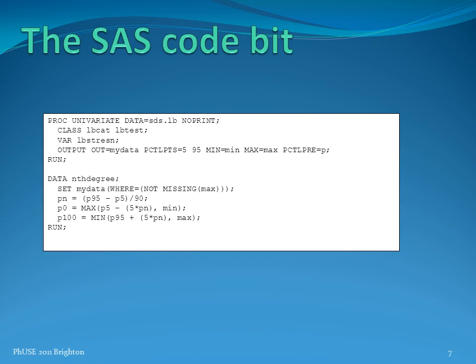Then from the output of that univariate, I'm basically taking that 1% slice, based on the 95th and the 5th value, dividing by 90 to get that 1%, and then back projecting and forward projecting. There's a max and a min going on, so if I've back projected or forward projected too much, it takes the genuine value of the min and the max, rather than my exaggerated min and max based on the percentile calculation.